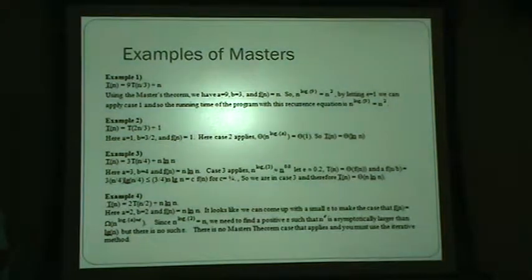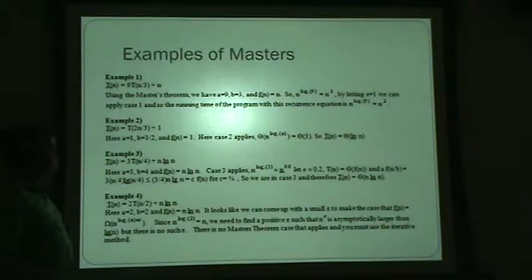Does it make sense that we're in case 1? Yeah? Epsilon always has to be an integer in this case? No. It could be a fraction, but it has to be positive.